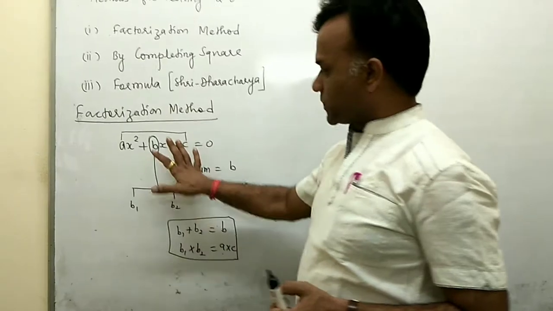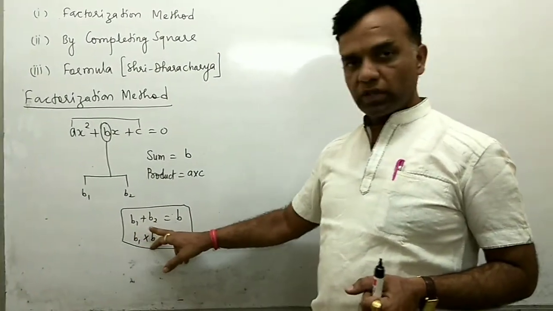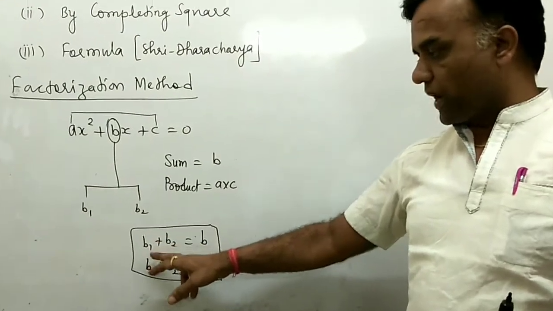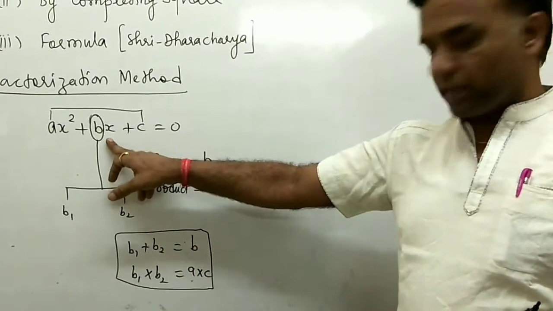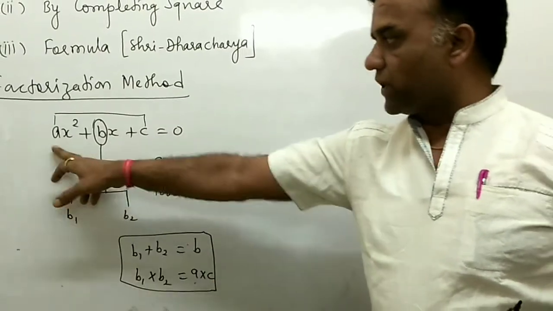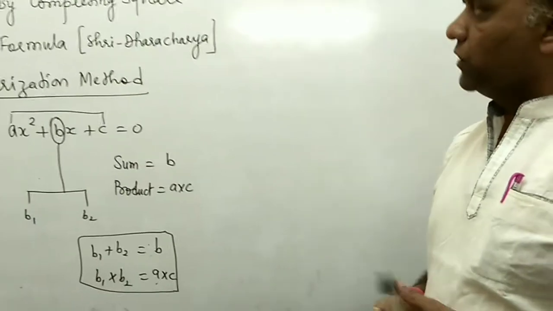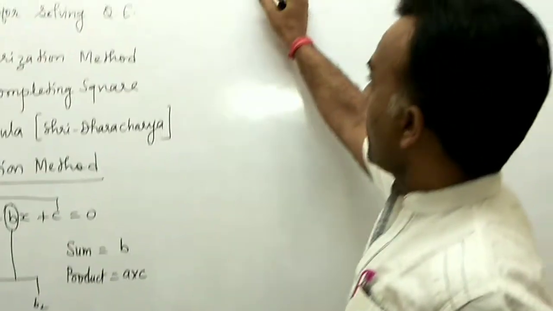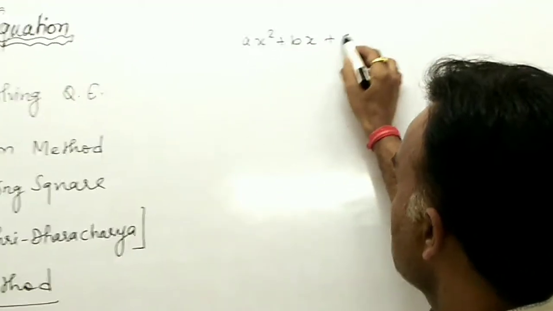You generalize splitting the middle term in this way and find two numbers whose sum is the middle term and whose product is the first term times the last term. So that is the basic concept, with ax square plus bx plus c equal to 0.